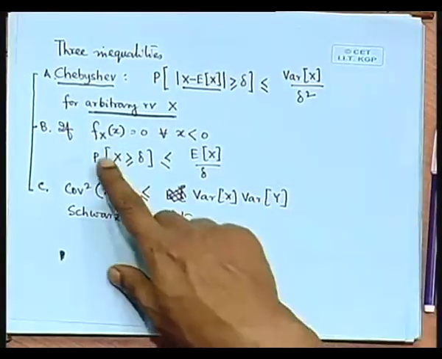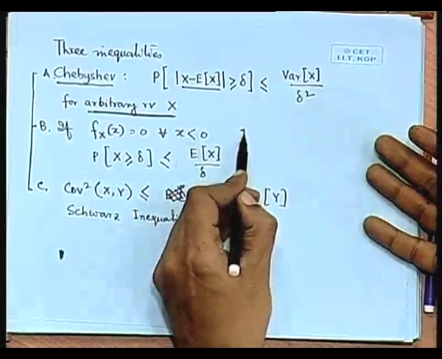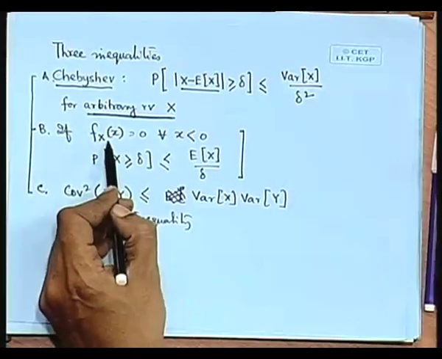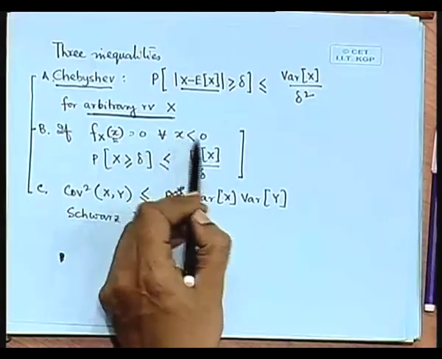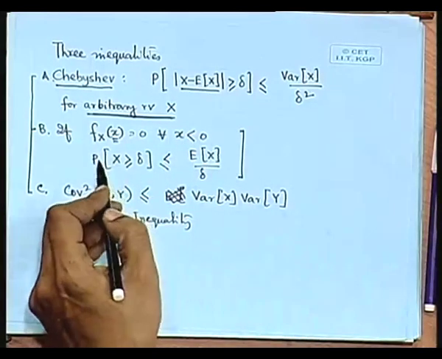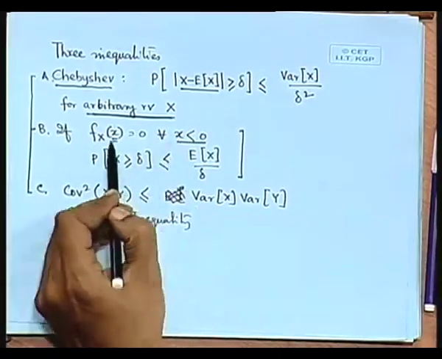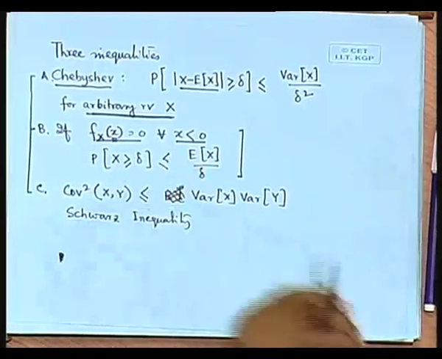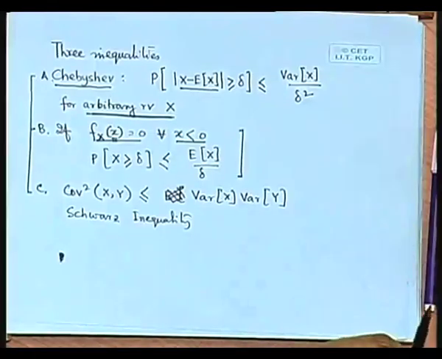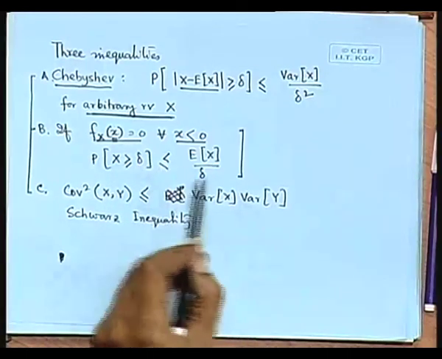First of all, there is another inequality which says that if you have only positive random variables, that is, the random variable does not take negative values, so whenever x is negative f of x is 0, then the probability that X is greater than or equal to delta is less than or equal to expectation of x divided by delta.